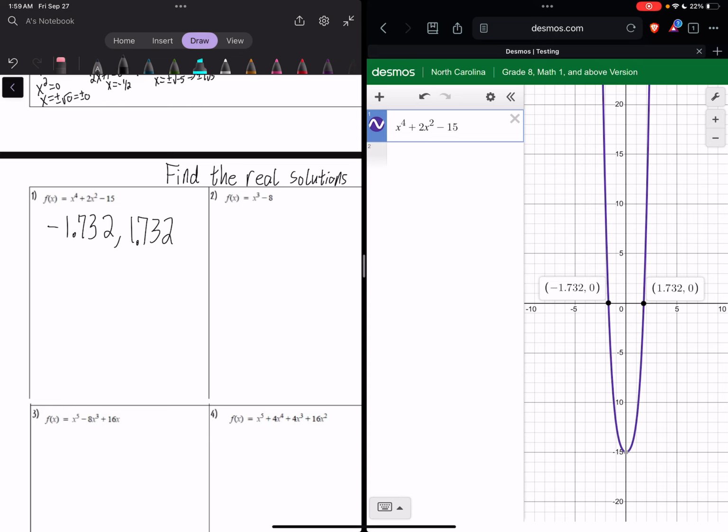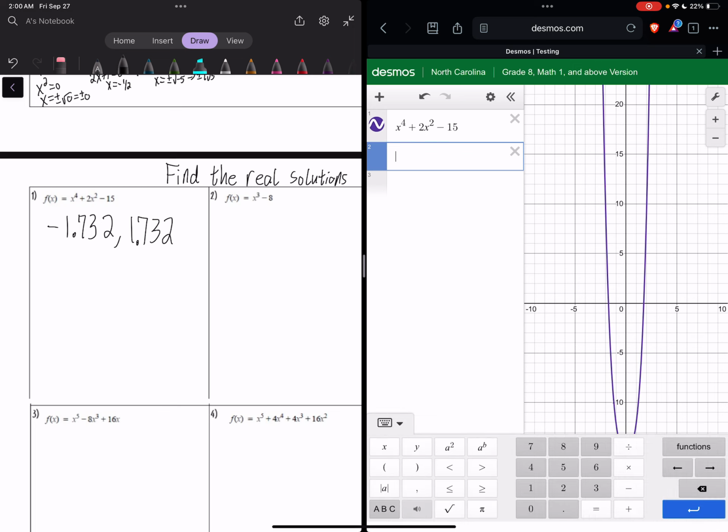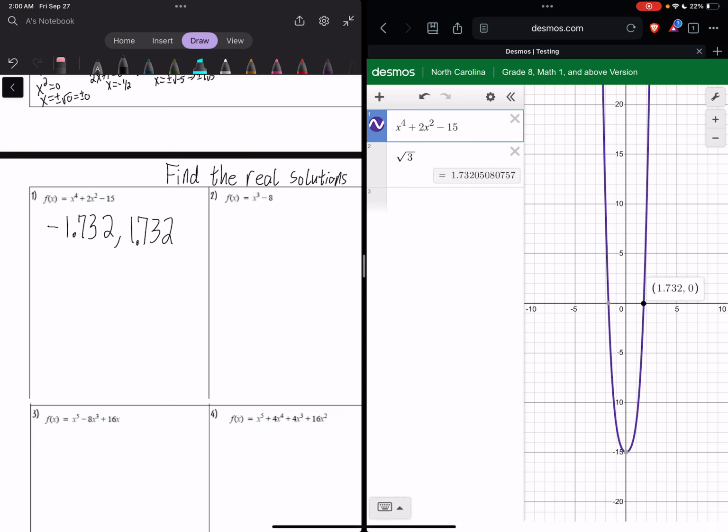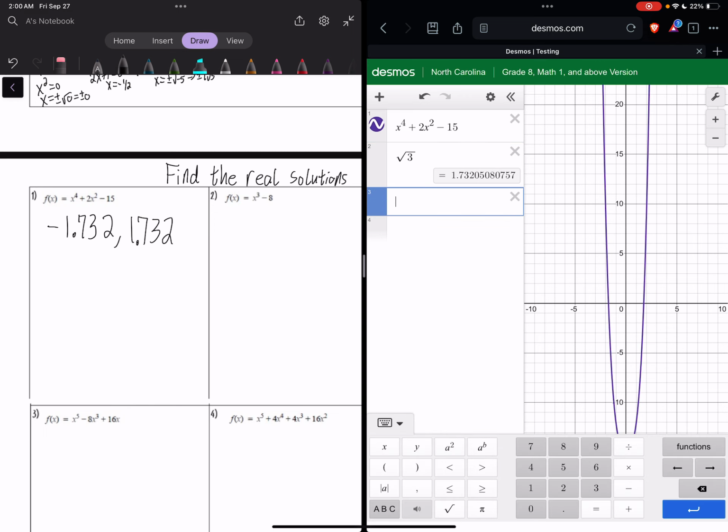Now, this will be actually a radical if you were to solve it by hand, but it really doesn't matter for us. It is going to be these numbers if you want to know the radical. Probably should put in the other one. Negative square root 3.